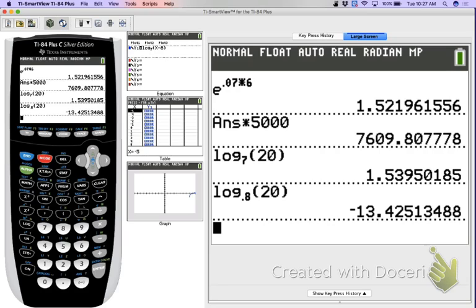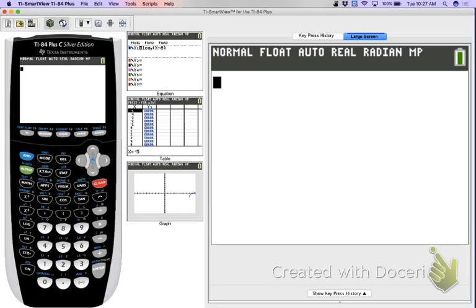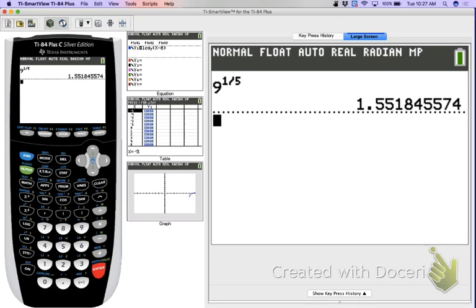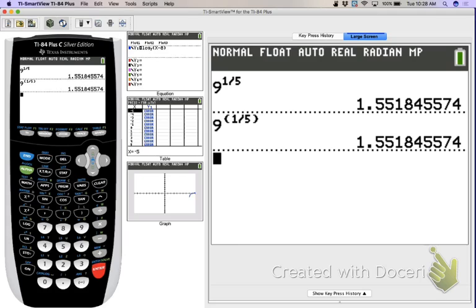If you have 9 to the 1/5 power, one thing I would tell you not to do is hit 9, then the caret, and then 1/5. If you have an old 83, you're going to have to put the parenthesis around it. If you have a newer one that puts it up in the exponent position, you're okay.